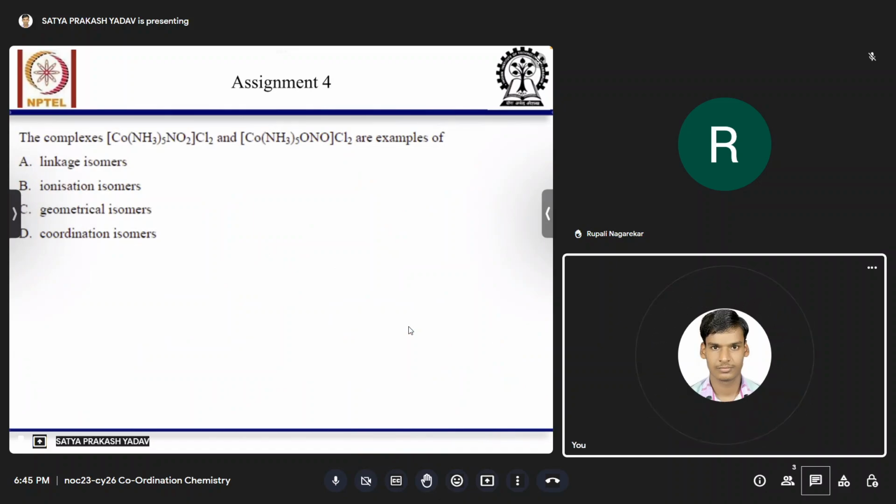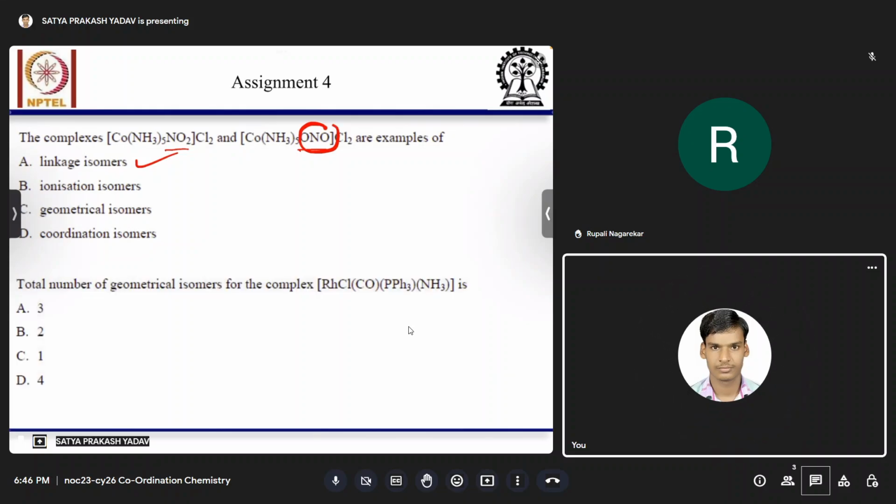Now the question is about the complexes [Cu(NH3)5NO2]Cl and [Cu(NH3)5ONO]. Here this is NO2, this is ONO, so this is basically a linkage isomer, where the linkage of the ligand is different. The next is the total number of geometrical isomers of [Rh(Cl)(CO)(PPh3)(NH3)].